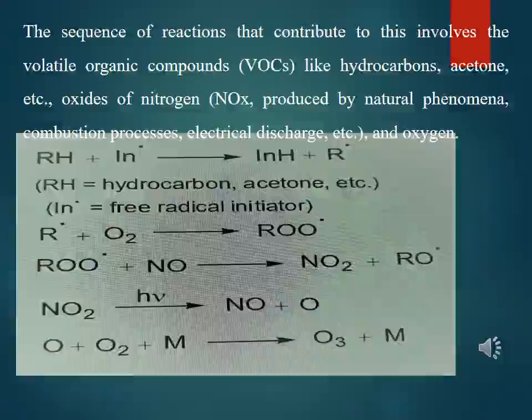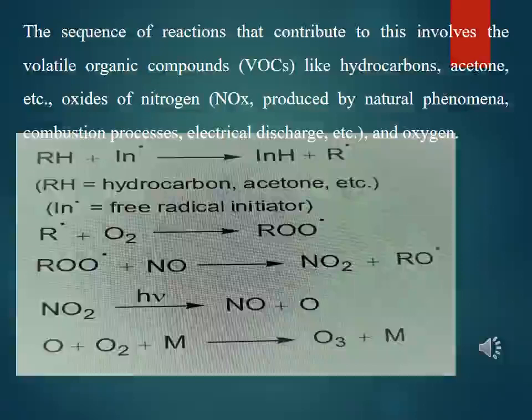Here in the equation, RH represents the hydrocarbon, acetone or any volatile organic molecule, whereas I dot represents the free radical initiator. So in this reaction, RH, which is a hydrocarbon molecule, reacts with the free radical initiator to form I H and R radical, that is the alkyl radical.